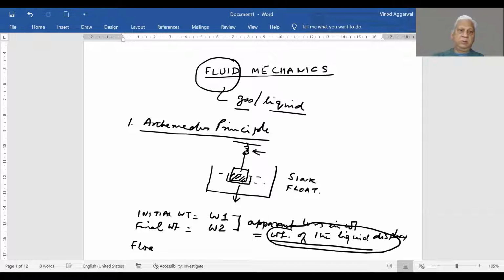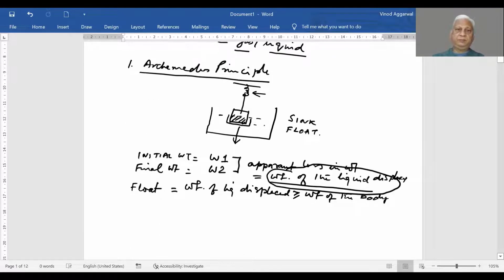So the condition for floating is weight of liquid displaced is greater than or equal to weight of the body, right? So obviously, if this body has more density, it will tend to displace less liquid for the same volume. Okay.